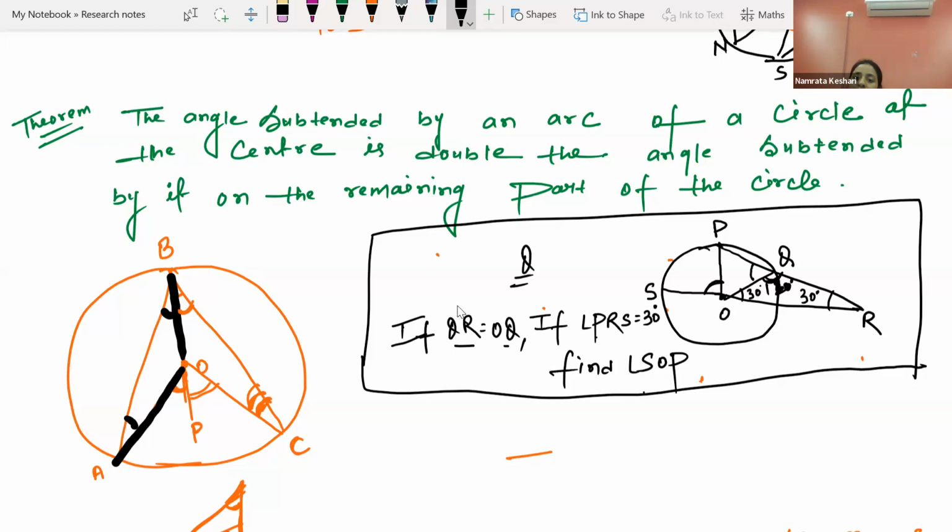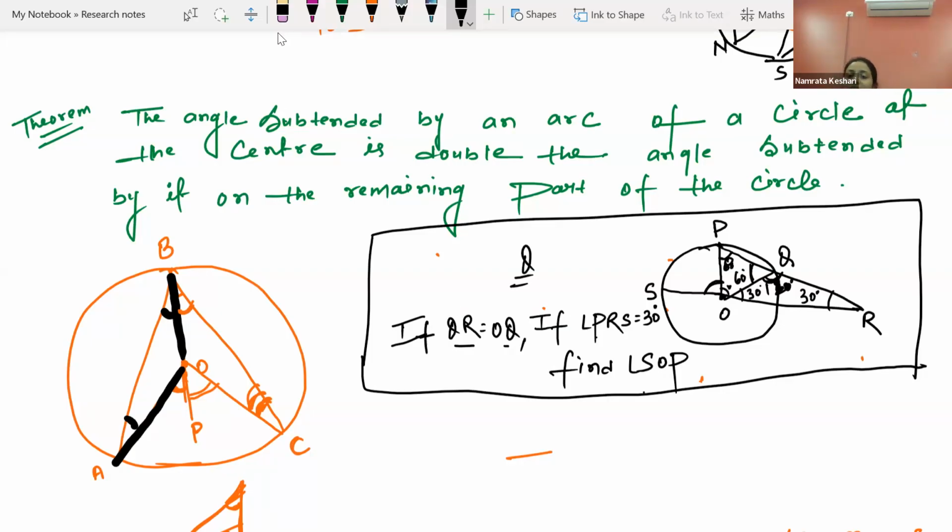Since both PO and QO are radii, both of the angles will also be equal, so angle POQ will also be 60 degrees. To find SOP, we can just subtract 60 plus 30 from 180. Yes, exactly like this we'll be doing.